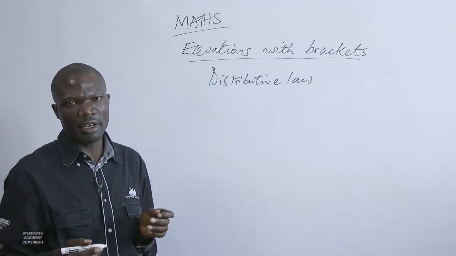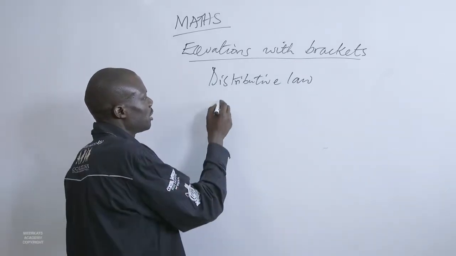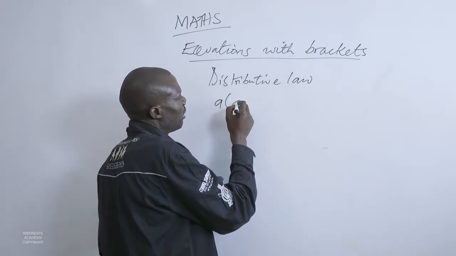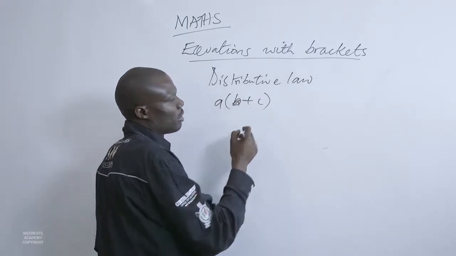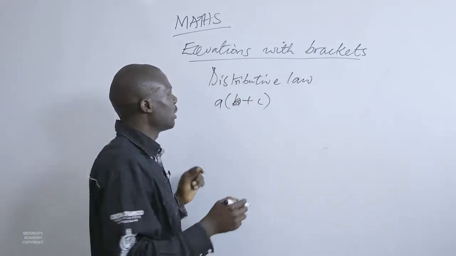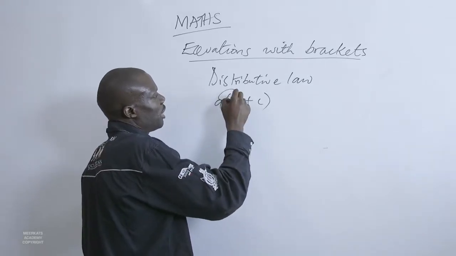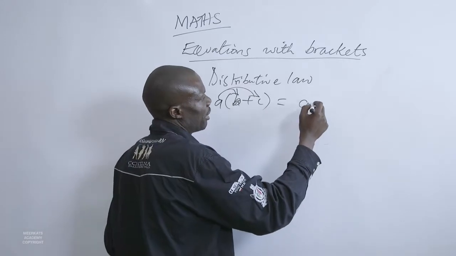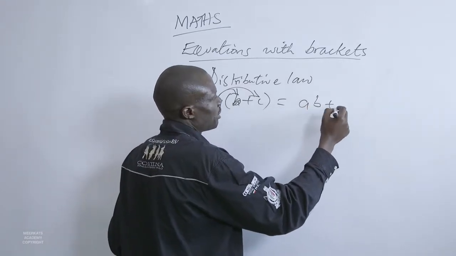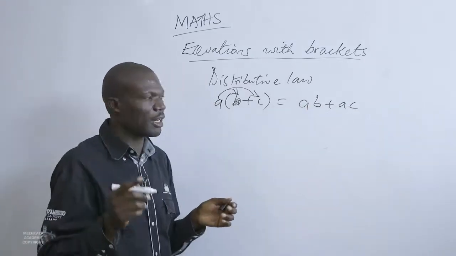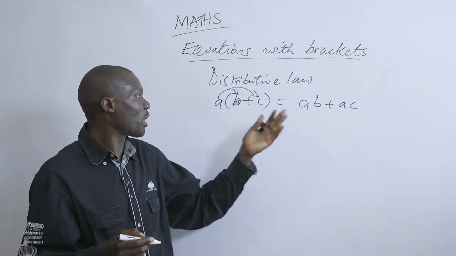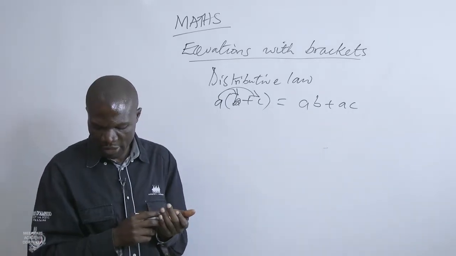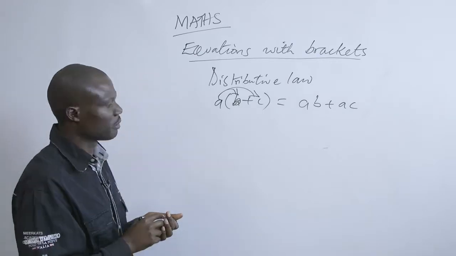And just to remind ourselves what distributive law states, if we have a question in bracket like that, distributive law tells us it is A times B plus A times C. So it will be AB plus AC. This is an expanded form of this, and that is distributive law.